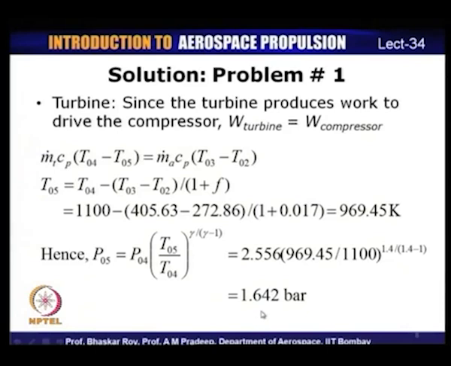So, you have seen that in the case of a turbine, if it is a turbojet engine, we can equate the compressor work to the turbine work, and therefore determine the turbine exit conditions from this equality.